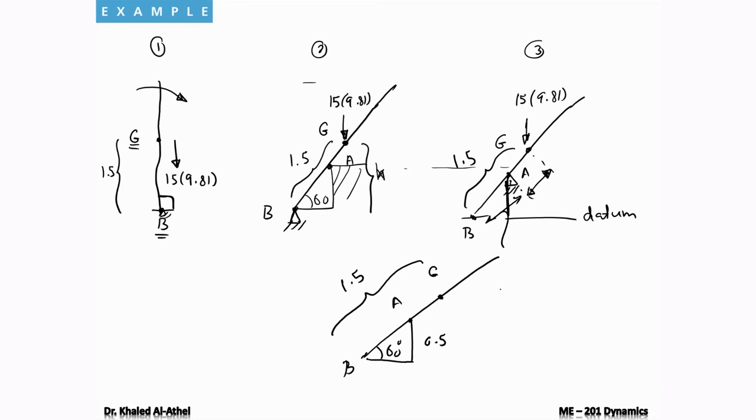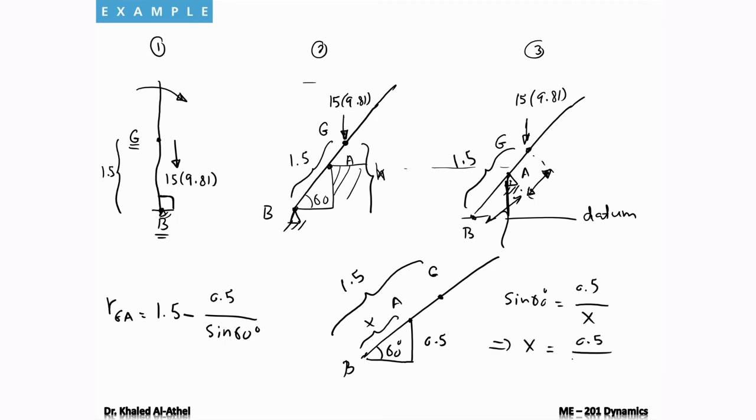So the distance RGA is going to be 1.5 minus, what is this part? It's basically 0.5 over sine 60. Why? Because sine 60, let's call this x, will equal 0.5 over x. Therefore, x equals 0.5 over sine 60.